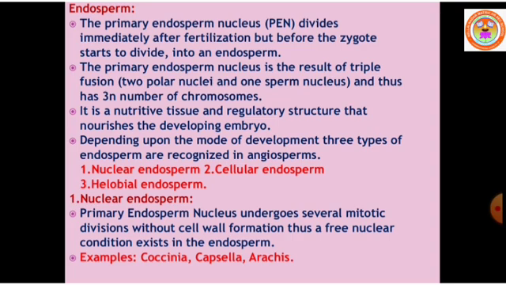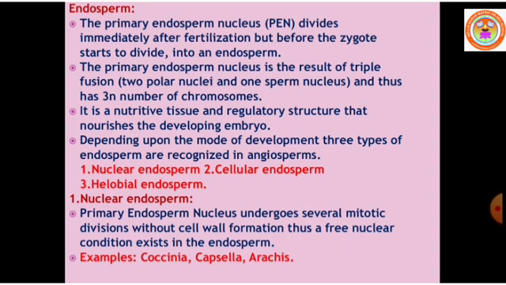That means the two polar nuclei in the central cell, which are diploid, fuse with the second male gamete, which is haploid. So 2n plus n is called what? 3n. We call the product of the fusion of polar nuclei and the second male gamete the primary endosperm nucleus.